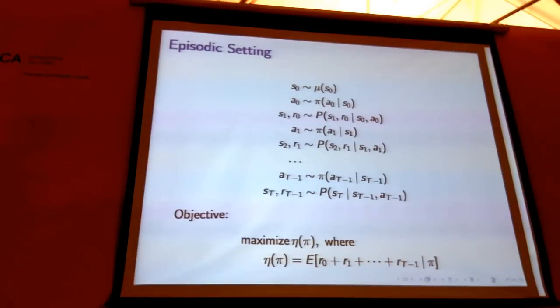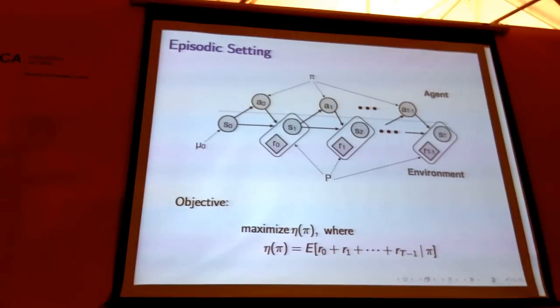Then we add up all these rewards, R0 to R sub t minus 1, and that's what we're trying to maximize, the sum of all these rewards. Questions? Okay, and you can also draw it as a graphical model like this.